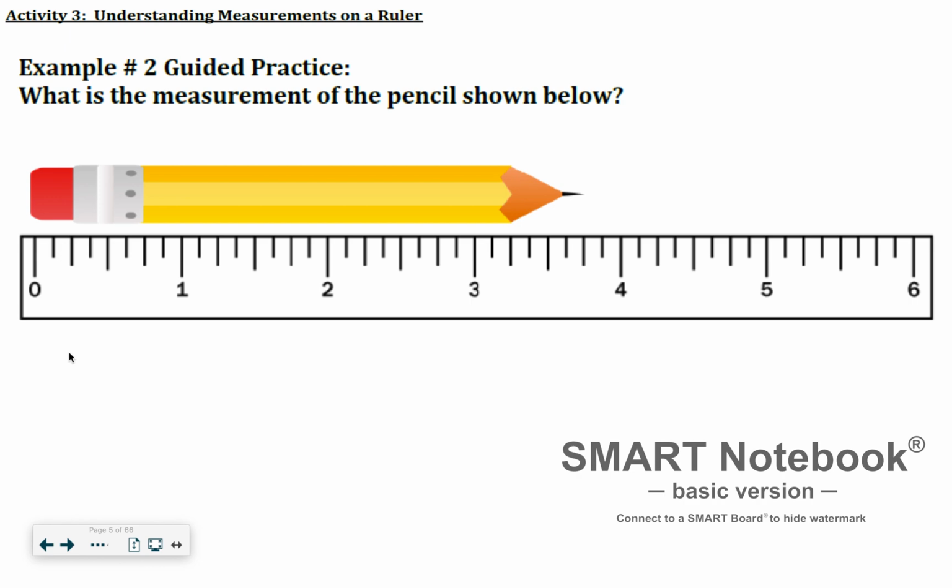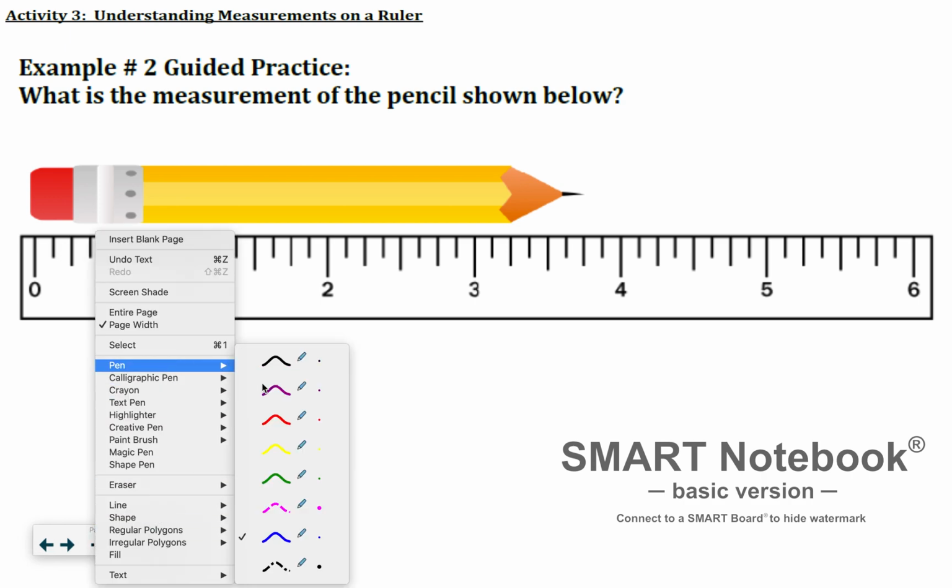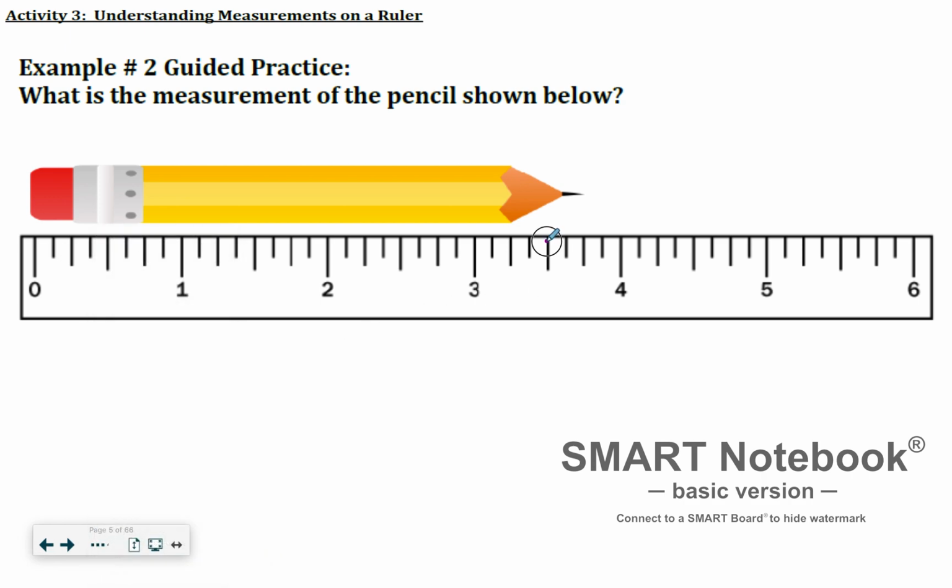What is the measurement of the pencil shown below? I noticed it went past the number 3, but we did not reach the 4 yet. And with my pen, I'm going to notice that it's past the 3.5 mark. It's lined up with this tick mark.